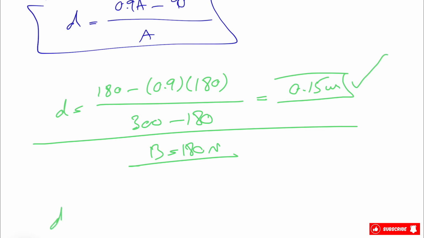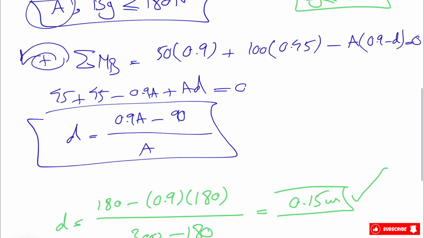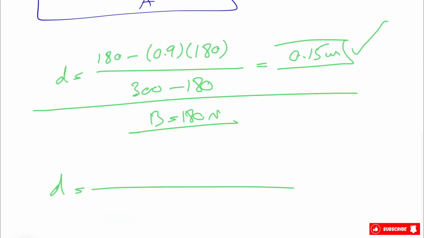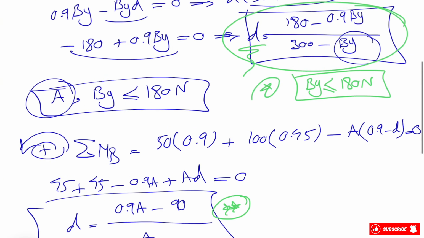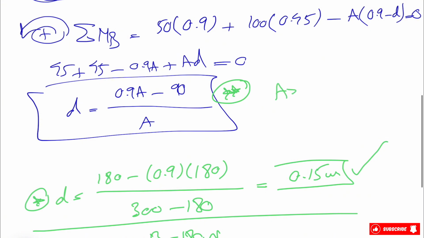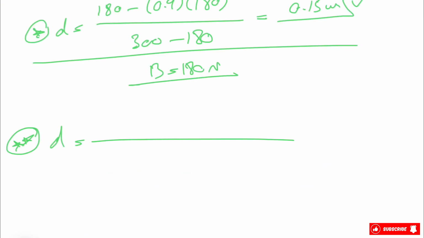Let's do the same thing for A. This time we use the equation that we have for A, and now we put our A as 180. What we get is 0.9 times 180 minus 90, divided by 180.